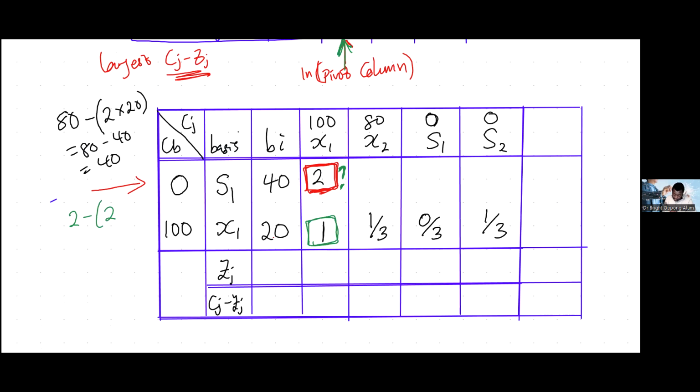The initial pivot column times the corresponding one is 1, because it is 1, which is the new pivot number of the pivot row. So this one will be 2 minus 2 is equal to 0. So 0 will replace this value.